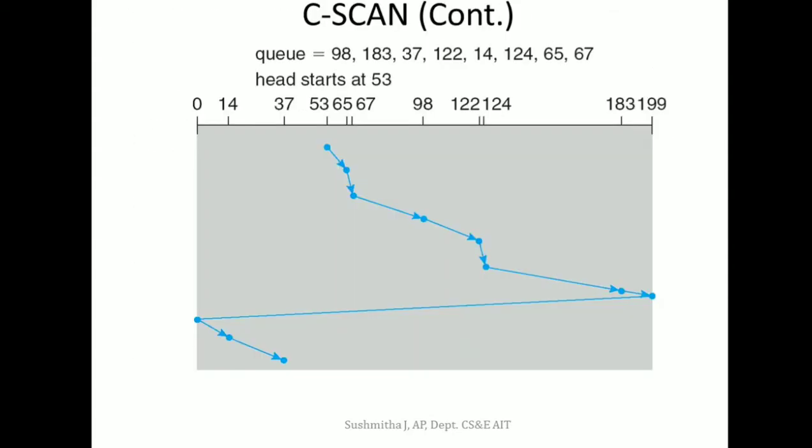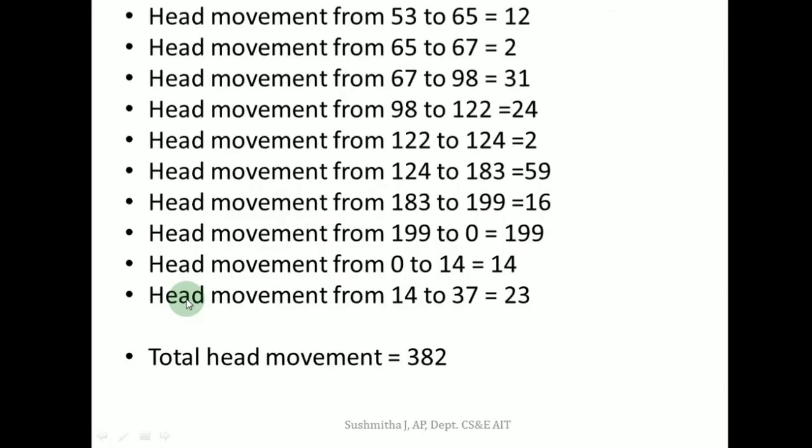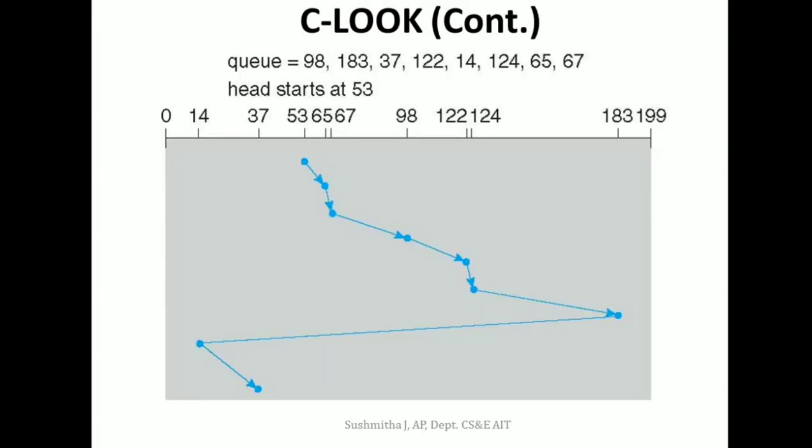You can notice here that 183 is the highest request that we have, but still the arm goes up to 199, and here also the arm goes up to 0. But that's not the case with look.